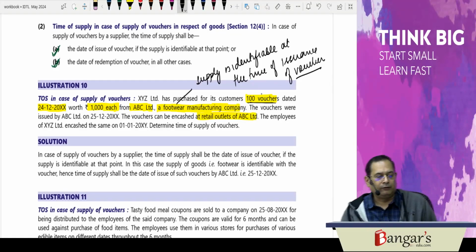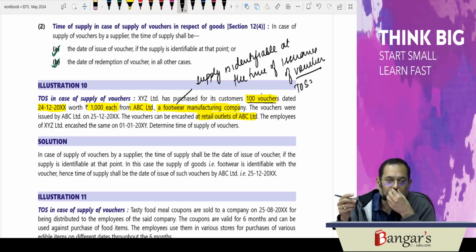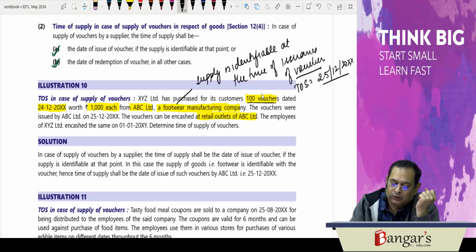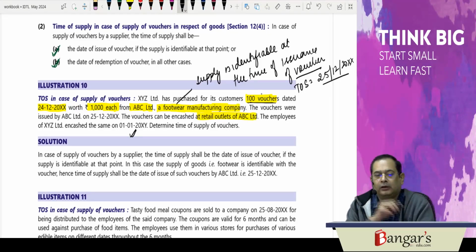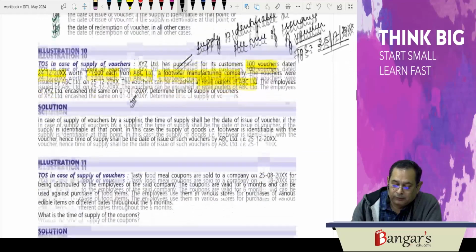So here the time of supply, because it can be purchased only for footwear, will be 25/12. Even though the vouchers have been encashed on 1st of January, the time of supply will be 25th of December.